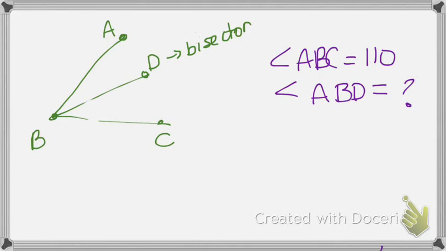Yeah, because ABC is the whole angle. I'm just kidding. And I just need the ABD part, which is the part above it. So I'm going to divide by 2, and you get what? 55. Any questions on that? Wait, hold on. ABD is the whole thing. And ABC is just that. Oh, okay. I see what you mean. Okay.